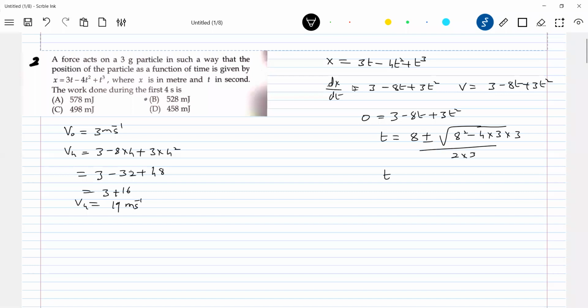That is 8 plus or minus root of 64 minus 36, by 6. There are 2 times, at which it will come to rest.